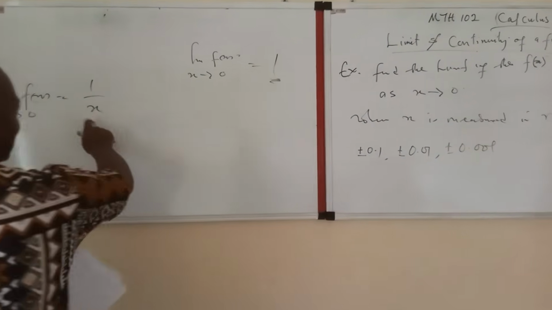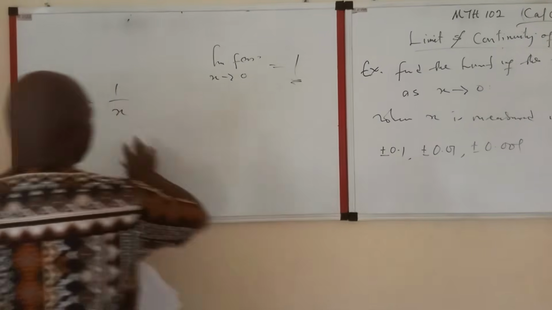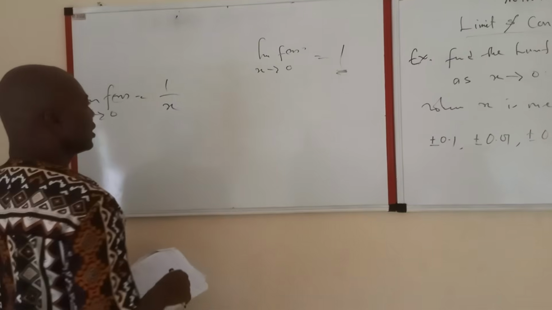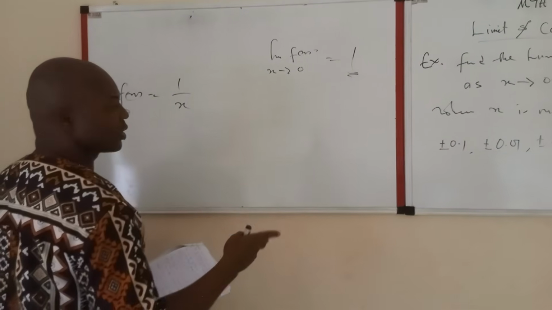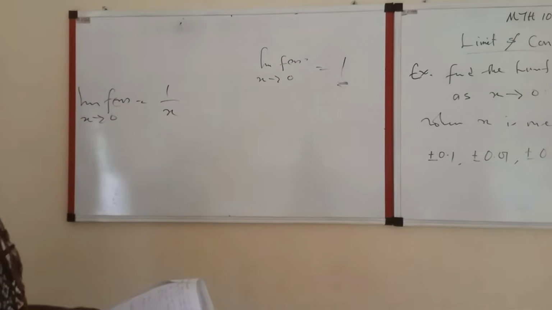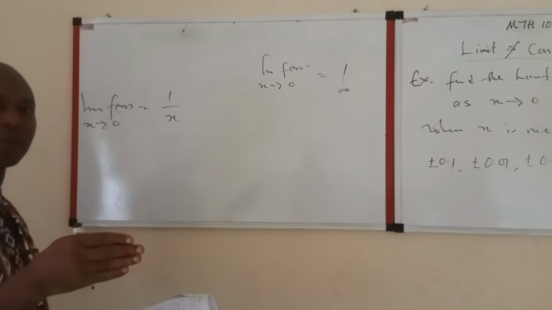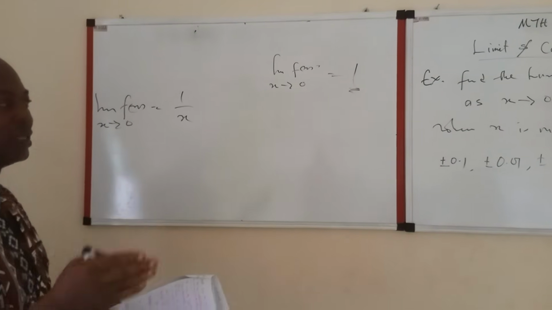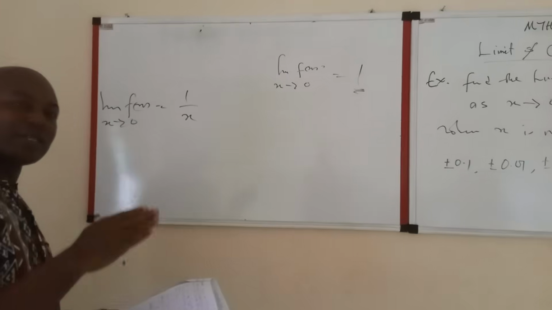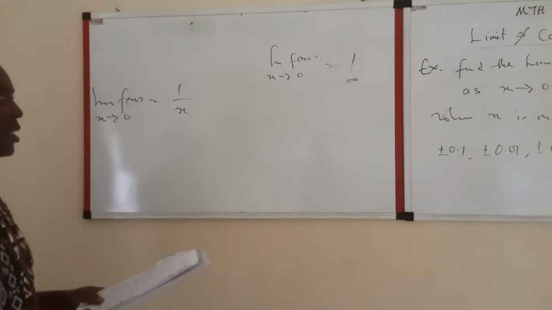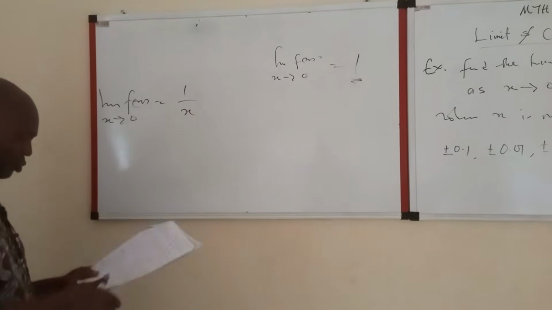Now, for this very case, on the left-hand side, negative values will begin to pop up. When you go for the right-hand side, the values will be positive. So you see that they are not approaching a particular point, because one side will be approaching a negative value, whereas the other side will be approaching a positive value. So in this case, we say the limit doesn't exist as x tends to 0.